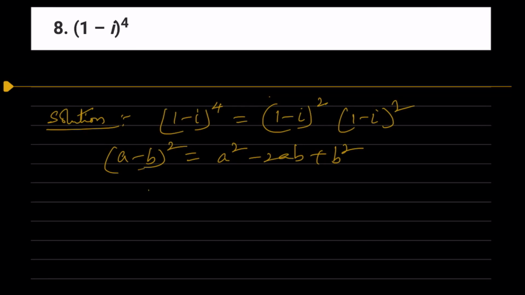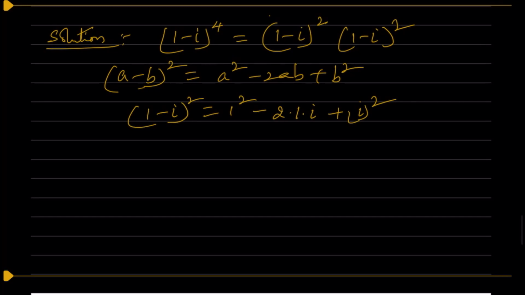So (1 minus i) whole square is equal to 1 square minus 2 into 1 into i plus i square, which is 1 minus 2i plus i square. Here i square is equal to minus 1, so 1 minus 2i minus 1, the 1s cancel, and we get minus 2i.